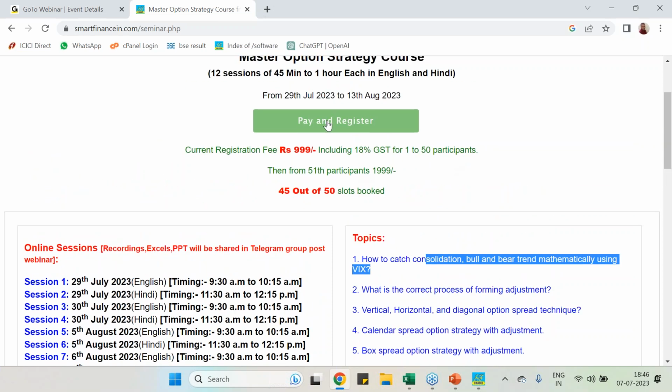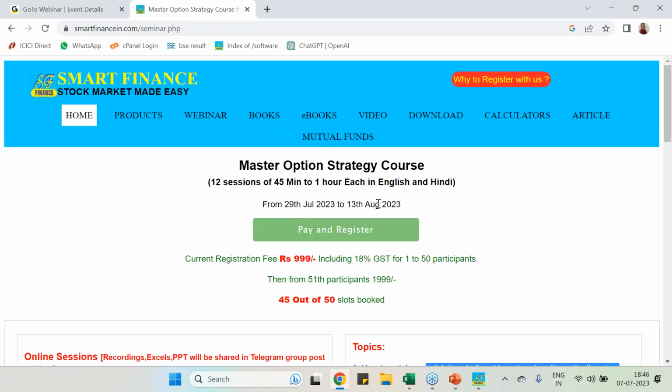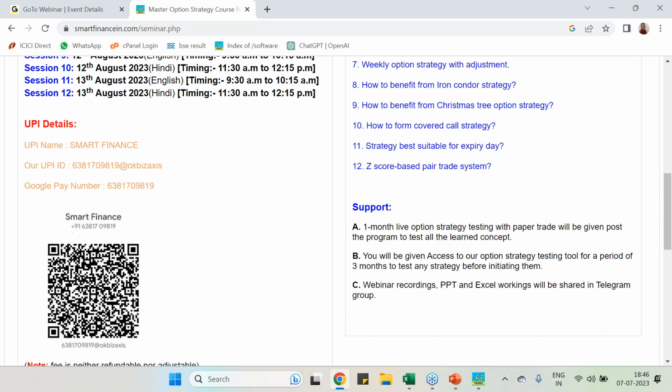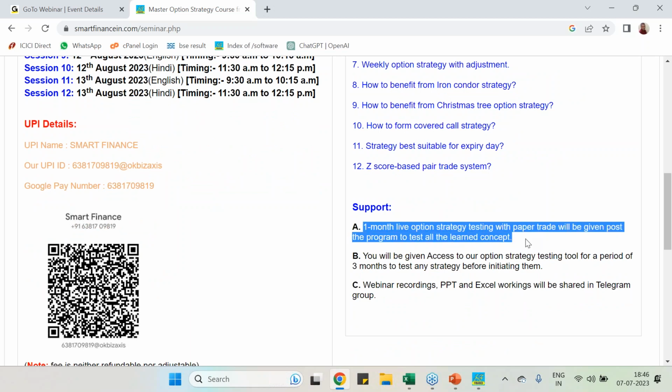So this program is scheduled from 29th to 13th August, 12 sessions. एक महीना तक जो 12 स्ट्रेटजी सीखोगे उसी को मैं बताऊंगा. The learned concepts, whatever strategy you are going to learn in this program, I am going to give you support for 1 month.